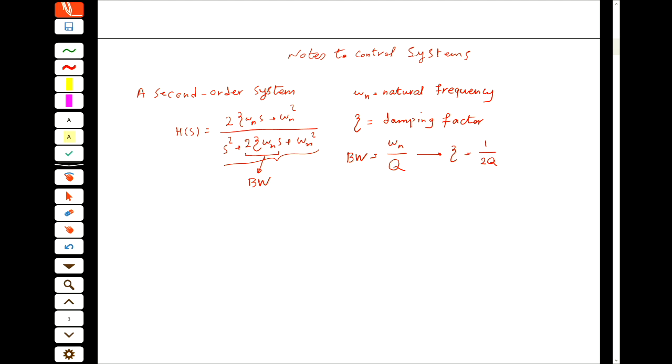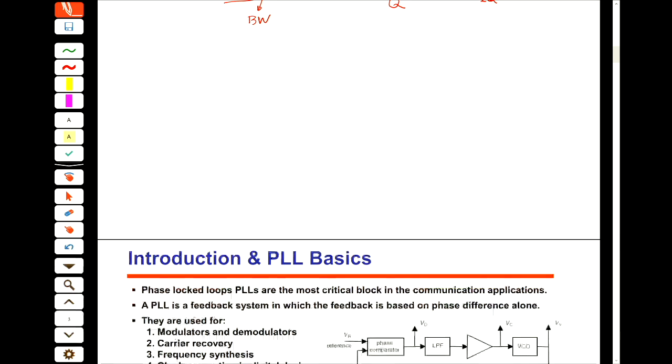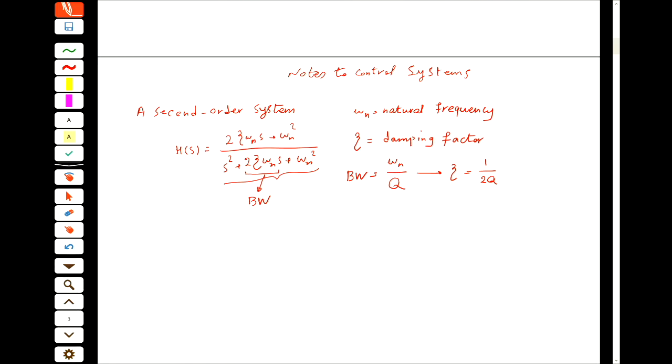So that is the relation between the Q factor of a system and the damping factor, and also the relation between the bandwidth, the natural frequency and zeta. Bandwidth also equals 2 zeta omega n.